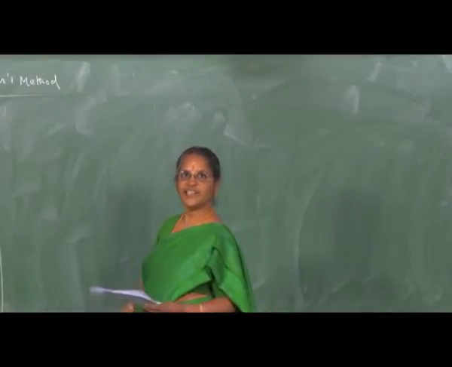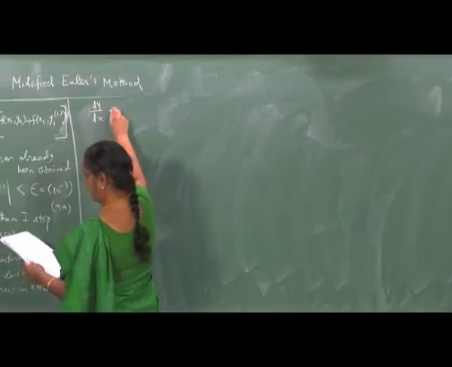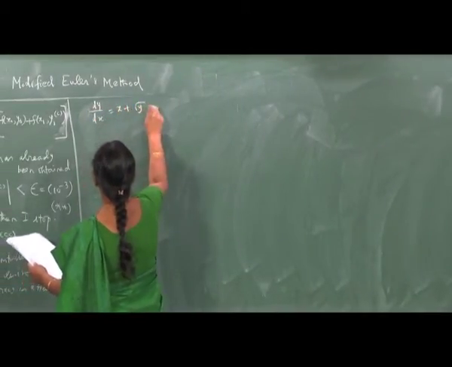So, let us take this initial value problem. dy by dx is x plus root y.